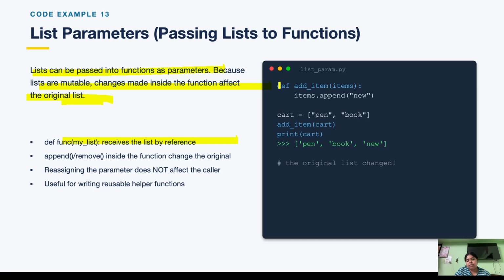Here you put def add_item, items.append, and you add a new one. The cart value is there, then you add item to the cart and print the cart. You're getting my point? So this is how it works. Append and remove inside the function change the original list. Reassigning the parameter does not affect the caller. Useful for writing reusable helper functions.